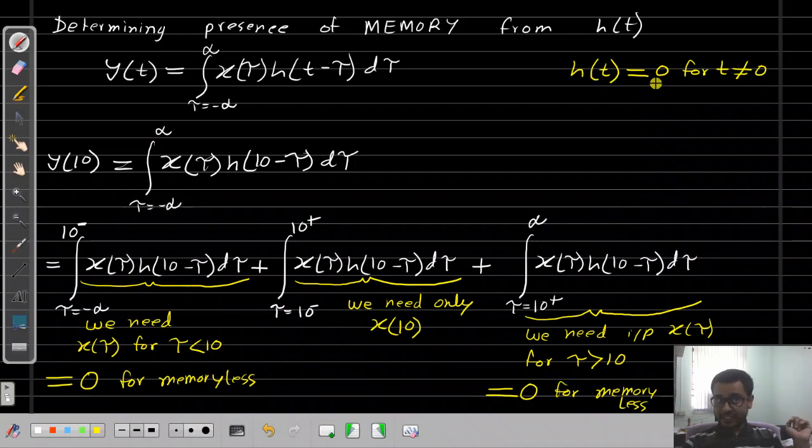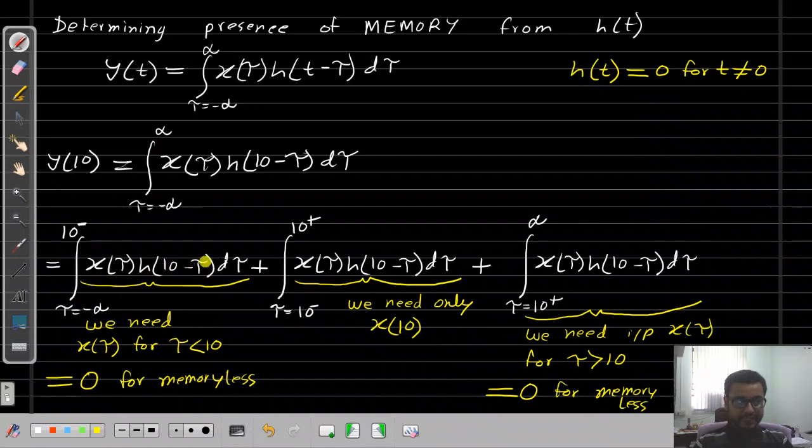If that is the condition, if h of t is 0 whenever the argument inside is non-zero, that means in this integration tau is less than 10, so inside the bracket we will have some positive number, and therefore this will be 0.